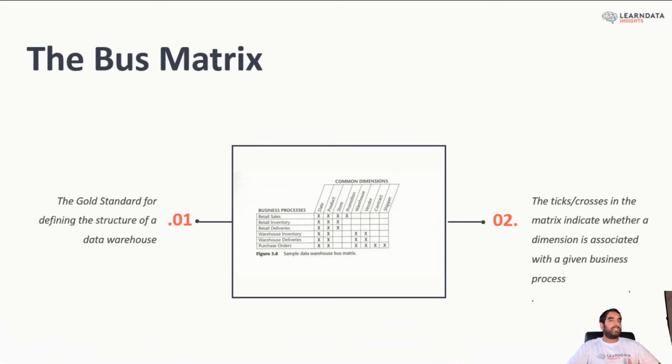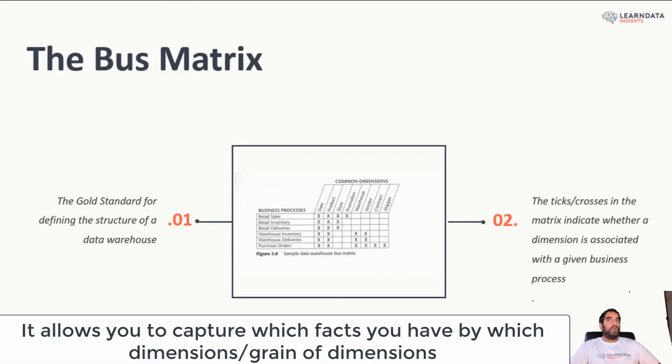And the bus matrix is one of those ideas for how you capture which facts you've got or which business processes you've got by which dimensions. And we can see here in the simple snapshot, we've got ticks and crosses. So we've got business processes, and this might be processes or it might be actual facts, actual numerical values that we identify here. And then we say which dimensions do we have them by.